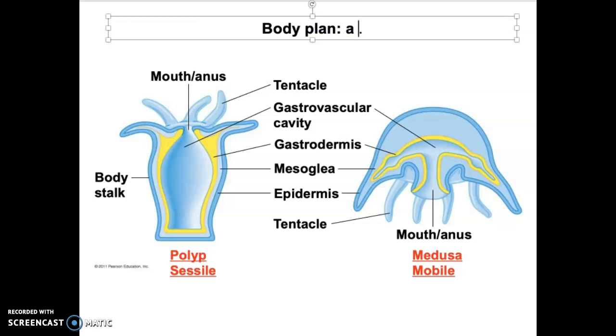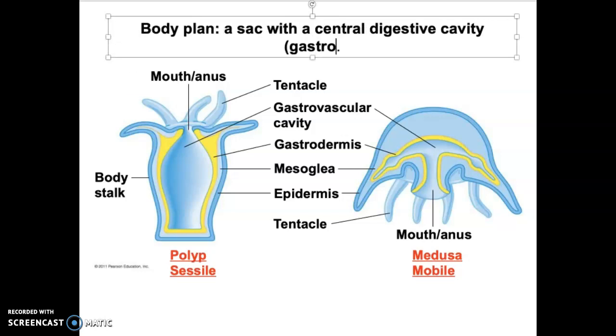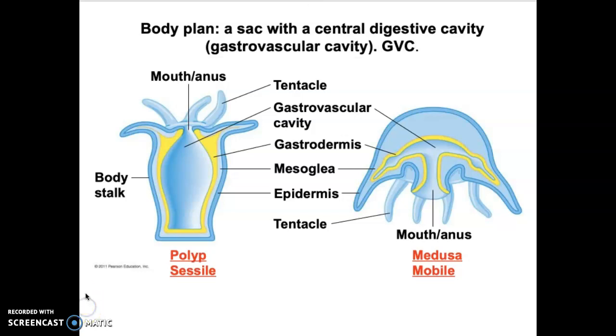In general, they are a sac with a central digestive cavity. This is known as a gastrovascular cavity, abbreviated GVC. So basically a bag.